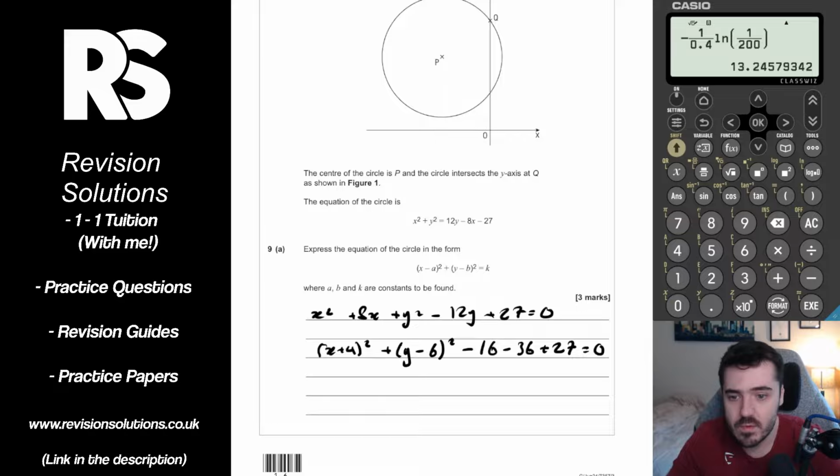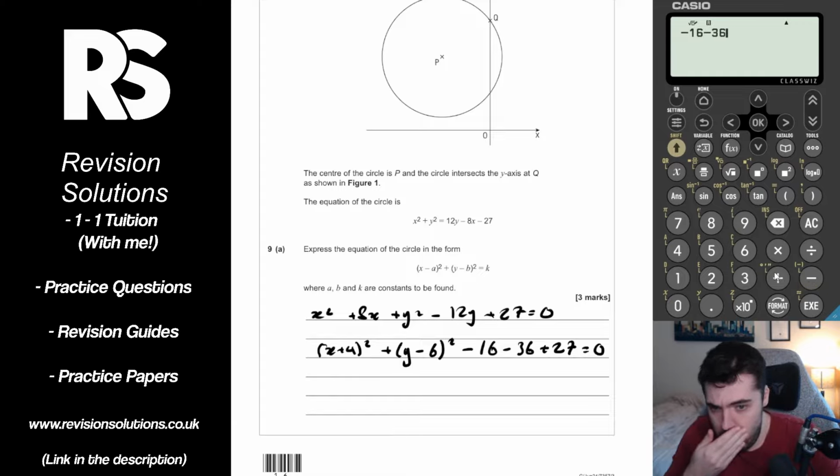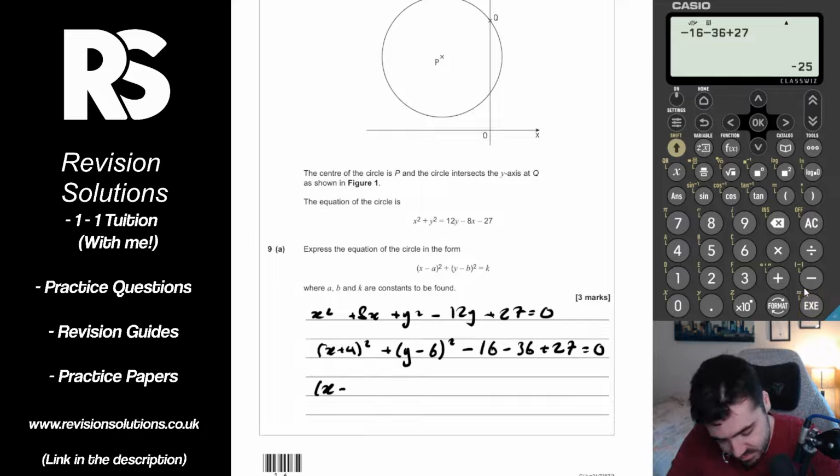Tidying all that up, we have minus 16 minus 36, excuse me, plus the 27, that's minus 25. So it's x plus 4 all squared plus y minus 6 all squared equals 25.